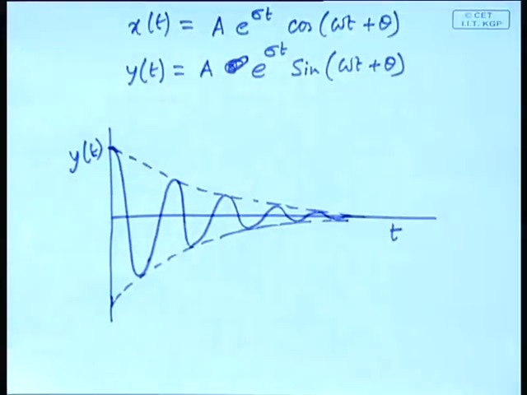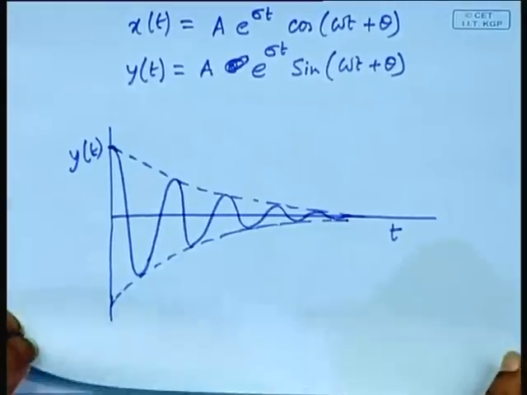All right. X t will be a similar thing, but 90 degrees out of phase, because one is cos, another is sin.